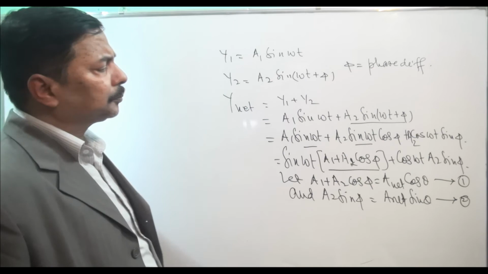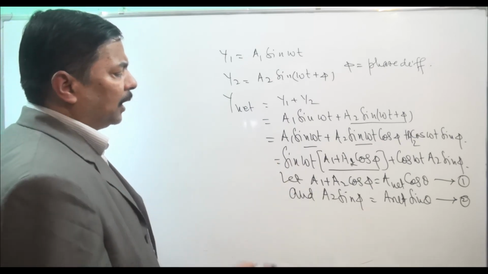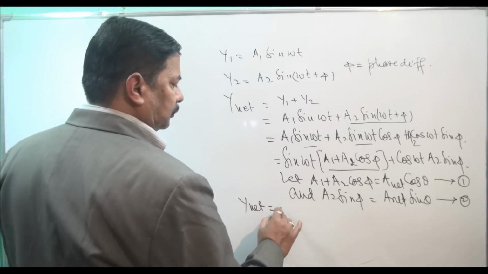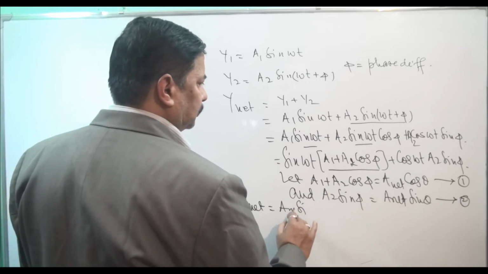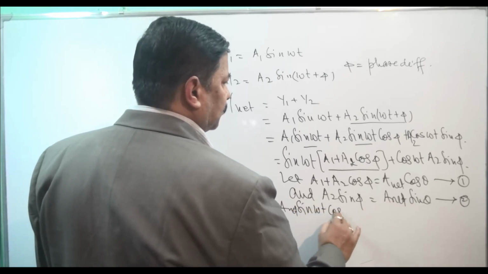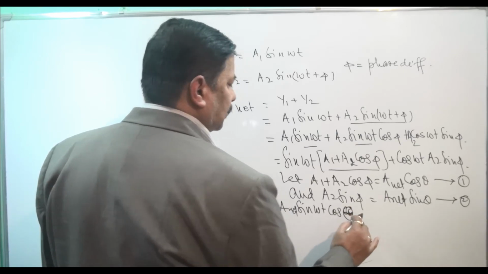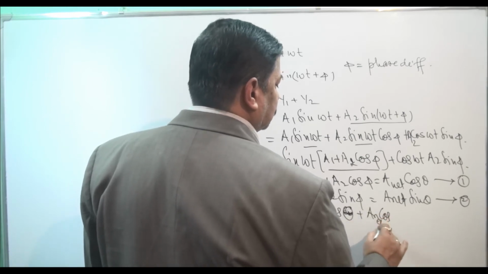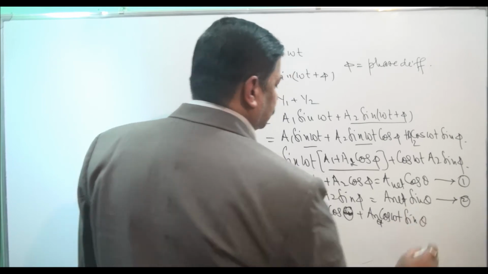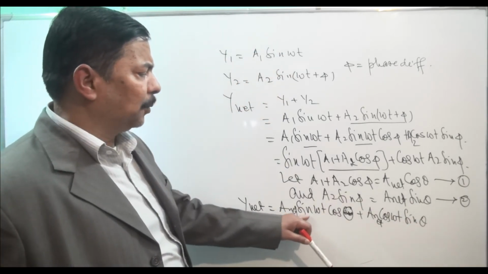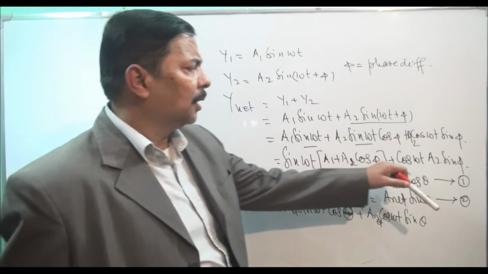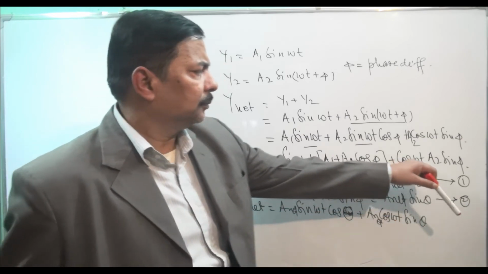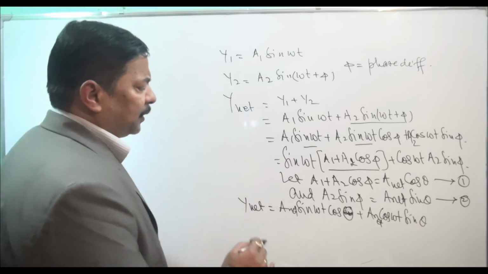If we substitute these values, then y net is equal to A net sine omega t cos theta plus A net cos omega t sine theta.